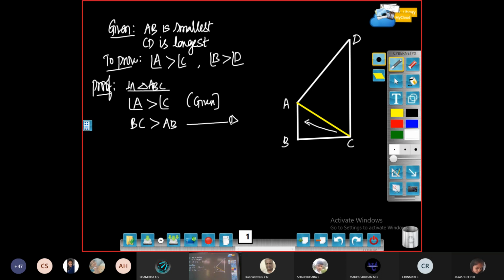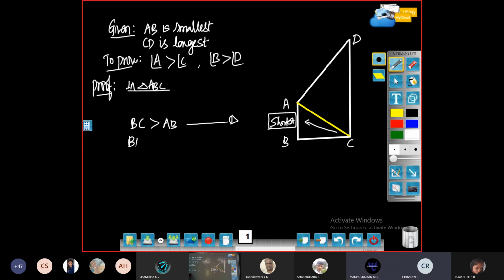Sorry, what we did here was a mistake. It is not given; we have to prove that. Among triangle ABC, BC and AB, if you compare, it is clearly given that AB is shortest. So when we compare with BC, BC must be greater. What is the opposite angle of BC?